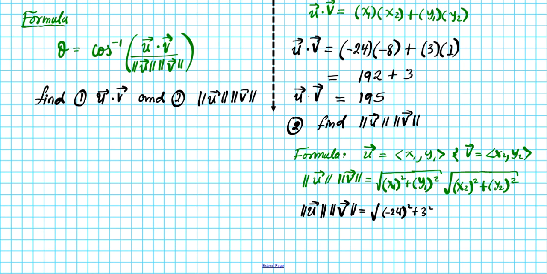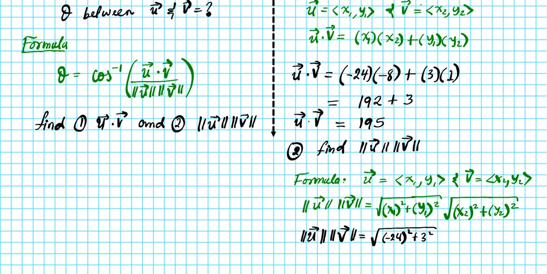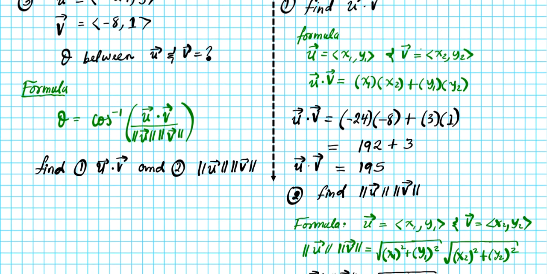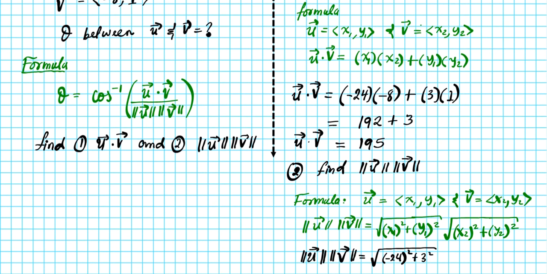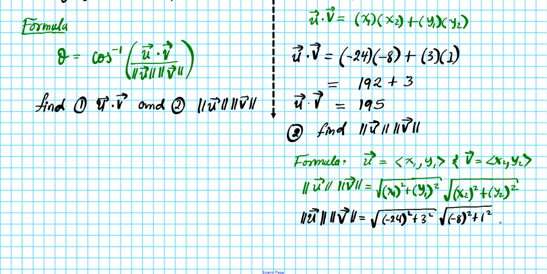That's the square root of the sum of the squares of the components for vector u, which is right here. Vector u is negative 24, 3. And then for the magnitude of vector v, we're going to find the square root of negative 8 squared plus 1 squared. Okay? Just simply applying this formula to vectors u and v given earlier.